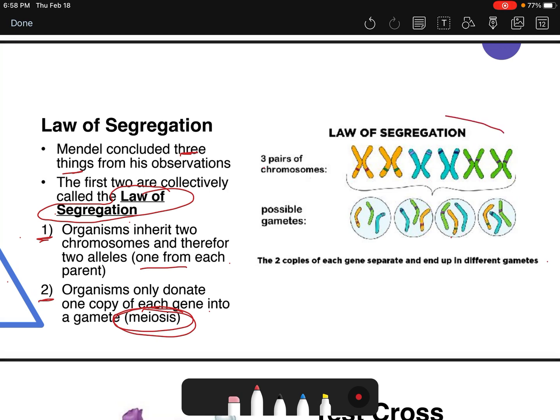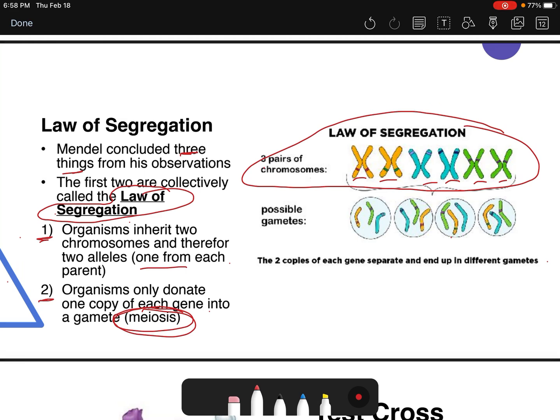So right up here is going to be the law of segregation. We're going to start out with the full number of chromosomes present in the cell, and in this case that's going to be 6, and the homologous chromosomes are going to be the same color, much like in the meiosis modeling activity that we had done.